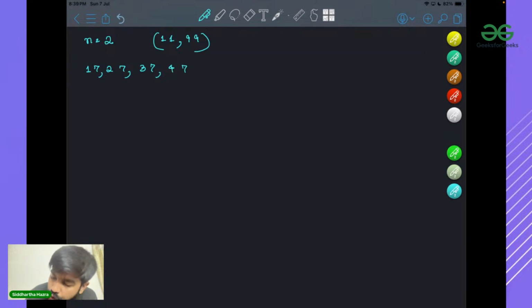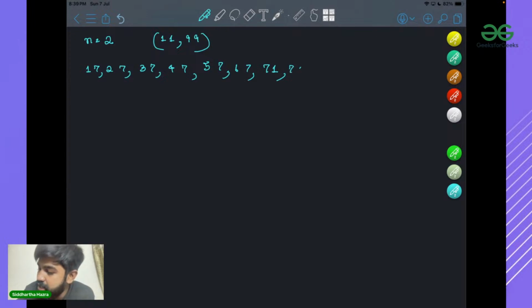If n is equal to 2, we need to take care of all the two-digit numbers that have at least one 7 in it. All the two-digit numbers without leading zeros start from 11 and end at 99, both inclusive. So the values that have at least one 7 in it are 17, 27, 37, 47, 57, 67, and then 71, because this has at least one 7 in it.